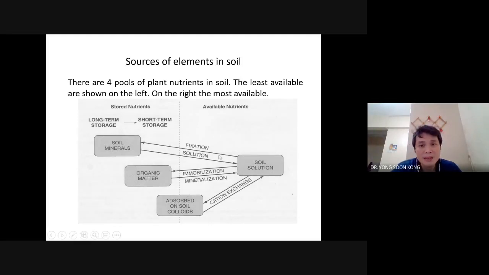So you see, the nutrients that they got from the dissolved minerals earlier may be accumulated in the plants, and when these plants die and end up on the surface of the soil, organisms eat them away, and they may re-dissolve again in the soil and come back to soil solution.